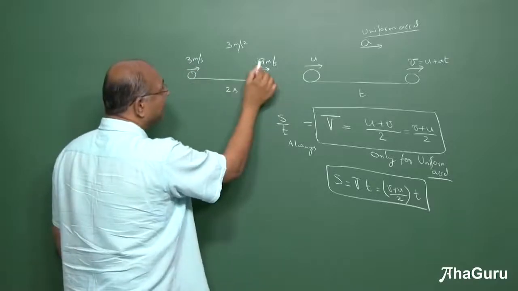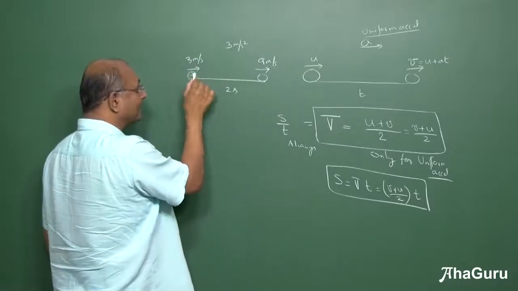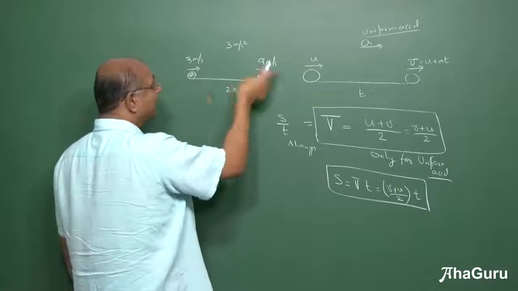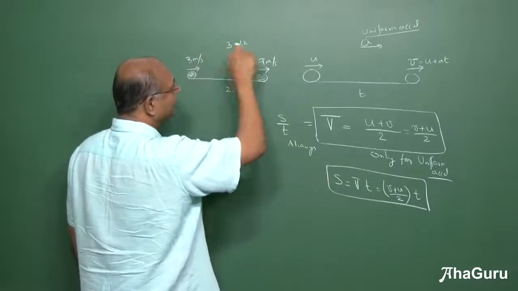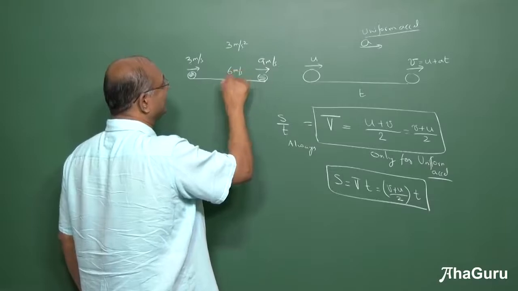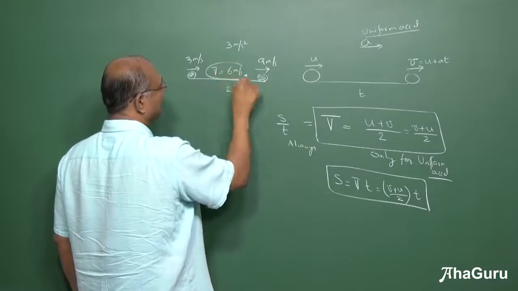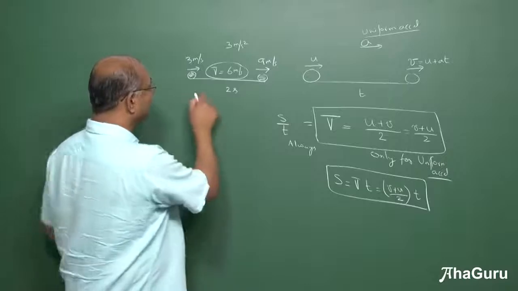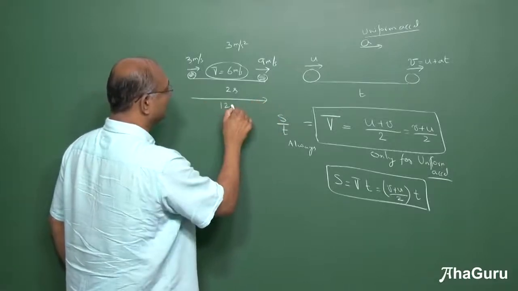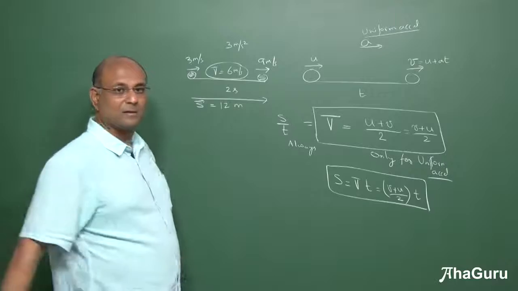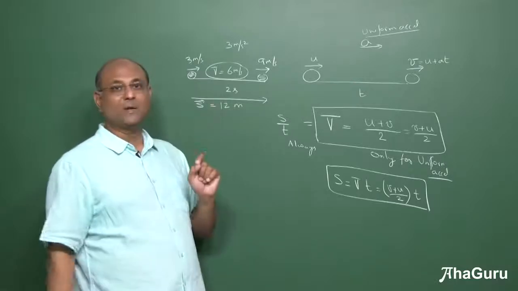What is the average velocity? 3 meters per second is only when it is here. 9 meters per second is when it is here. Average velocity, 3 plus 9, 12 divided by 2, 6 meters per second. Average velocity into time, 12 meters is the displacement. So displacement is 12 meters.